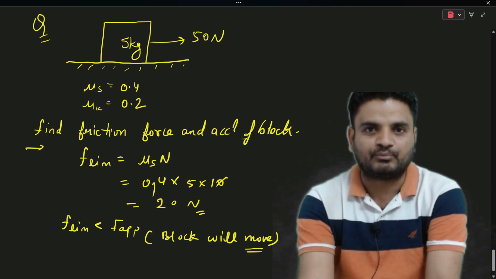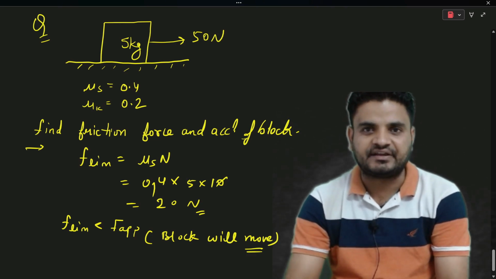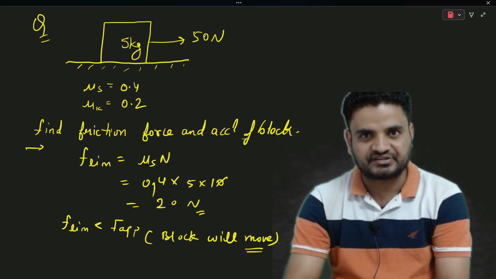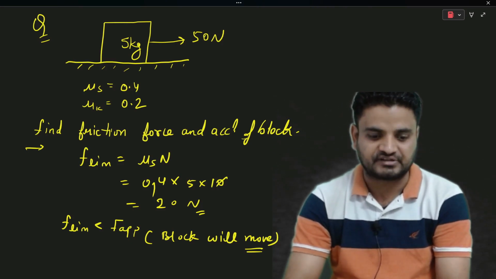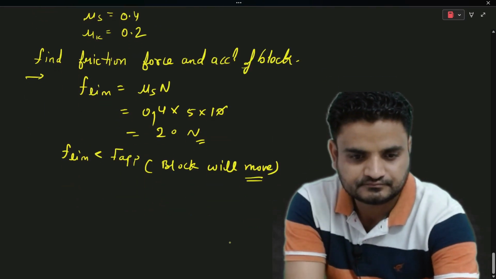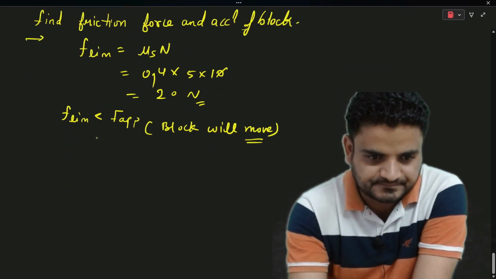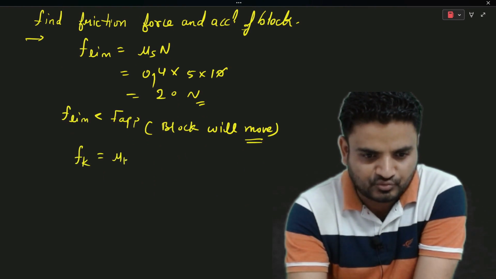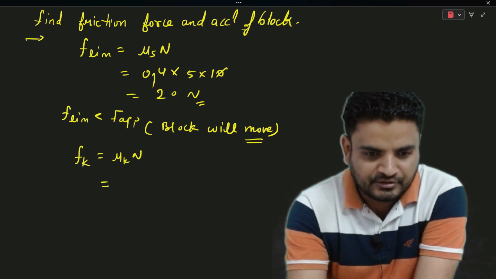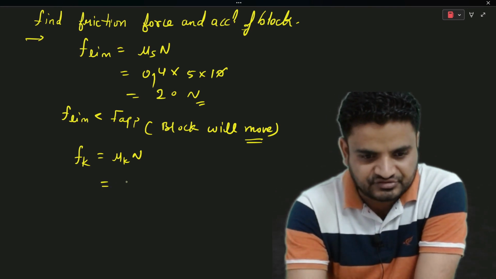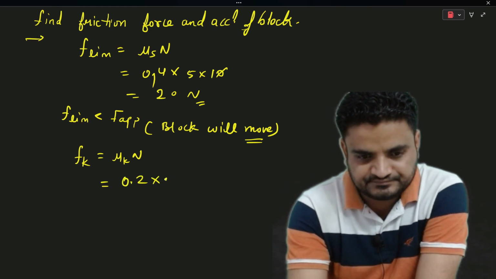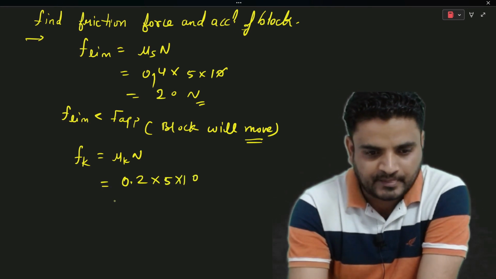Now if the block will move, then kinetic friction acts between the surfaces. So we have to find the kinetic friction value first. Kinetic friction is mu k into N. Mu k value is given as 0.2, and 5 into 10.